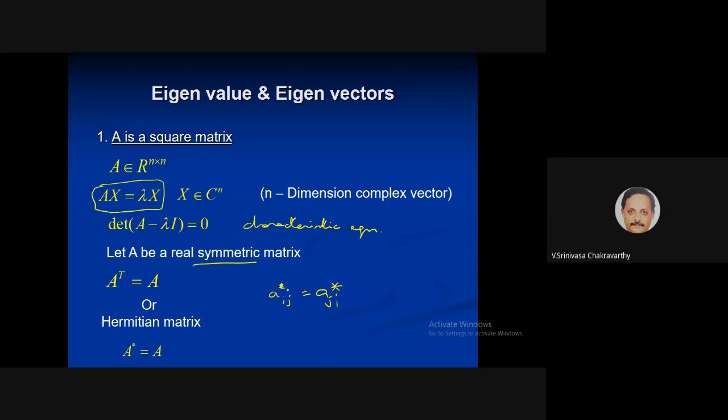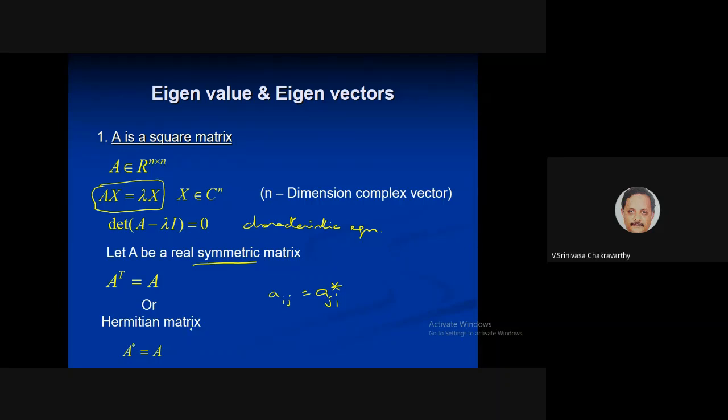Sometimes, therefore, the transposition of a complex matrix is also called transjugation, because it involves both transposition and conjugation.